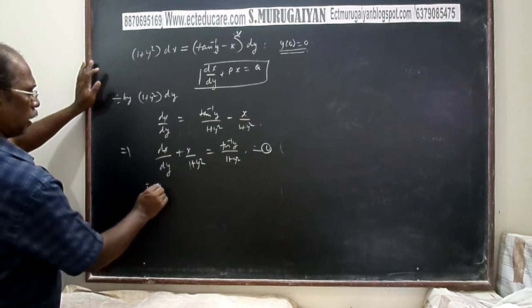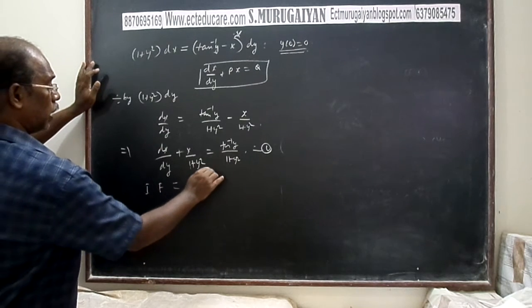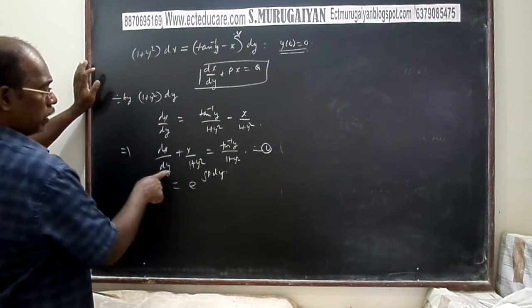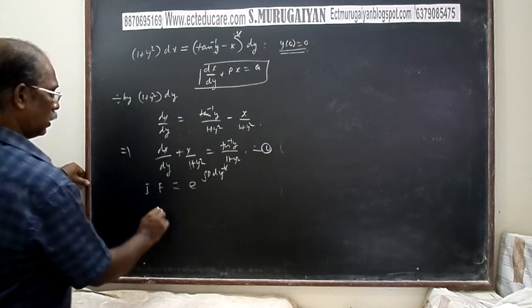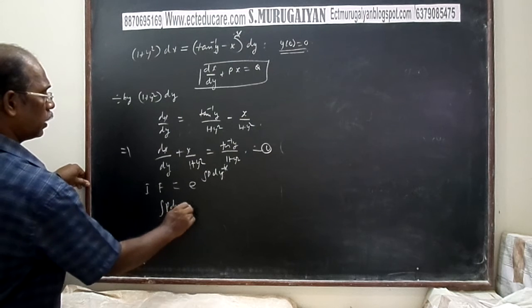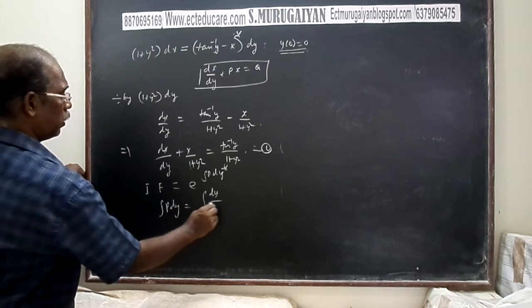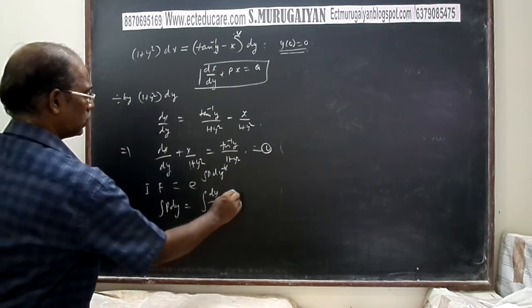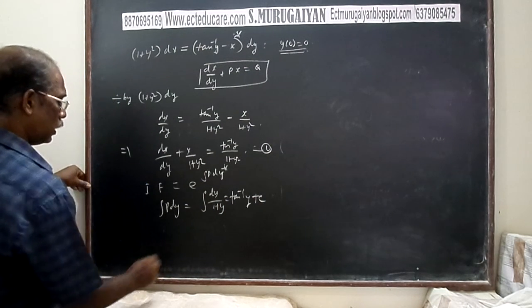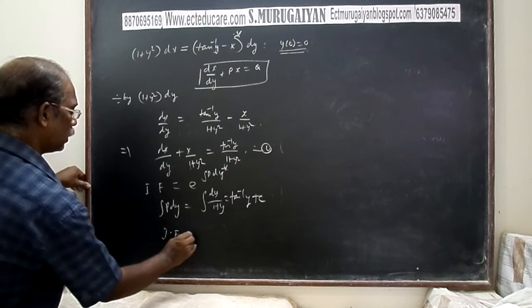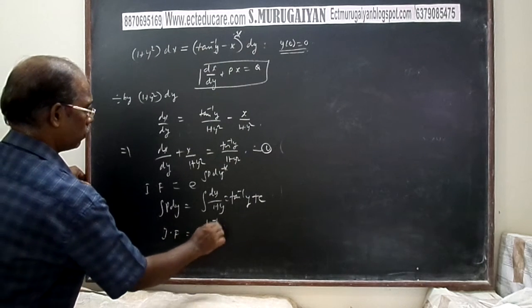So the integrating factor is e power integral of P dy, because y is the independent variable, not P dx. Make note of it. Then the integral of dy by 1 plus y square is tan inverse of y plus c. Then the integrating factor is e power tan inverse y.